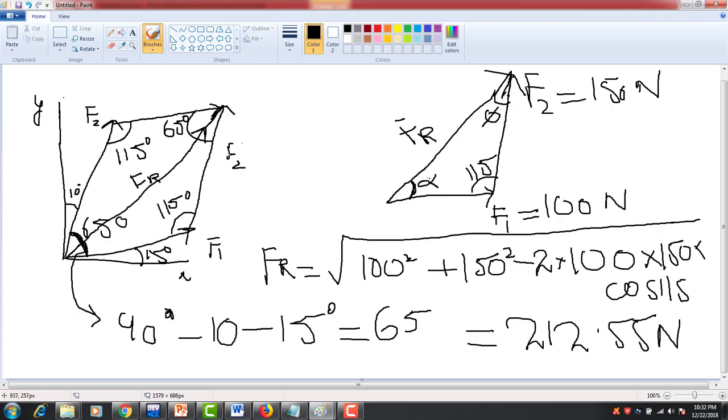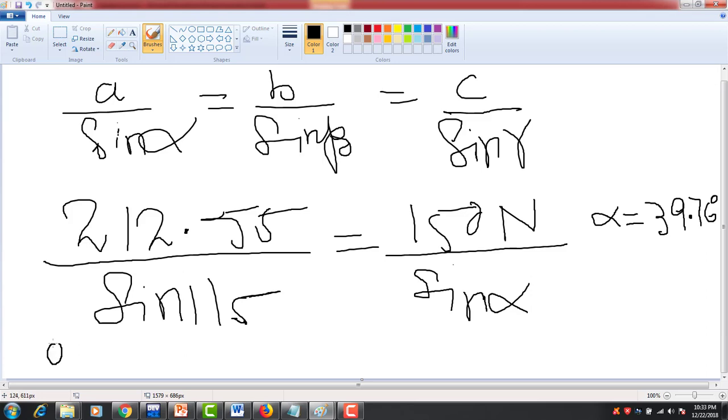We have found this angle alpha. So we have to find this angle from the axis. Direction is always taken from the axis, and is equal to theta. This angle is theta. So theta is equal to alpha plus 15 degree.